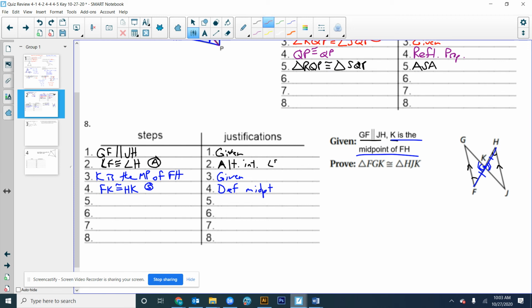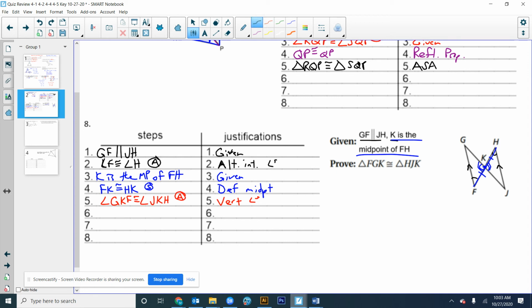Angle GKF congruent to angle JKH. Those are vertical angles. There's another pair of angles, so I have two angles and a side.